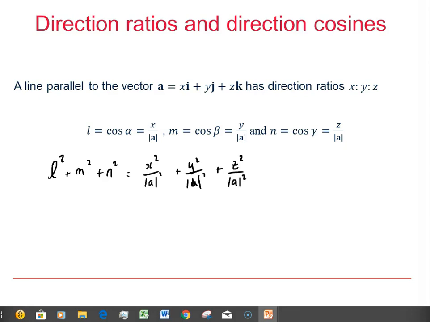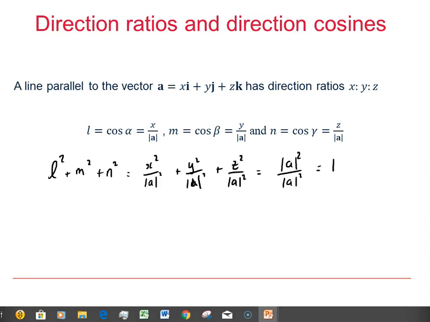But x squared plus y squared plus z squared is just equal to mod A squared. So this is mod A squared divided by mod A squared, which is equal to 1. So we've shown that for the direction cosines L, M and N, L squared plus M squared plus N squared must always be equal to 1.